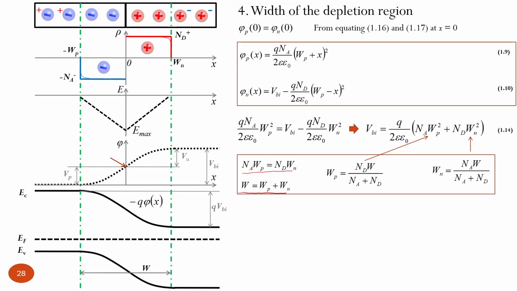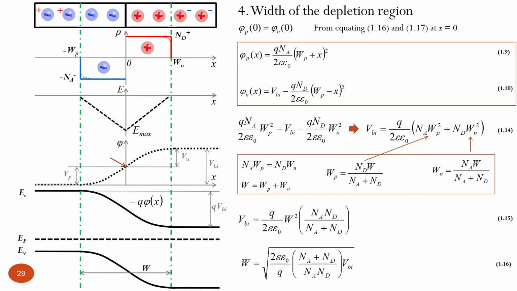Based on that, we can express WP and WN in terms of W. That's what we want, and substitute it in here. So eventually we will have an equation of VBI not in terms of these two components, WN and WP, but in terms of W, the total thickness of the depletion region.